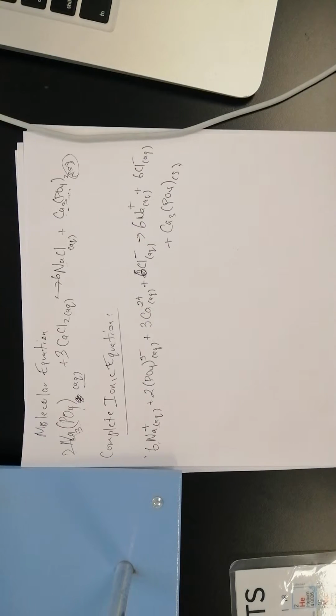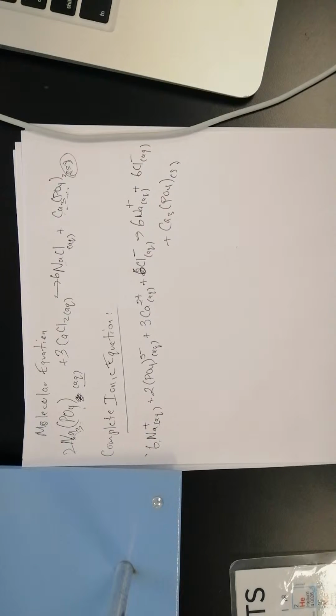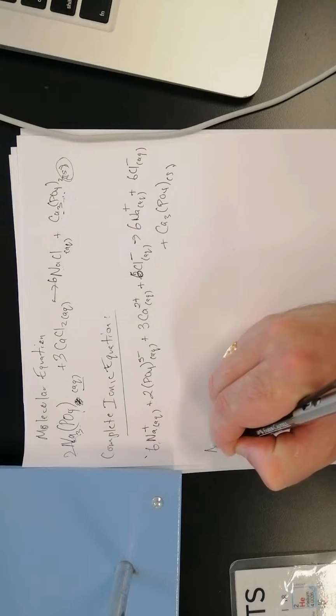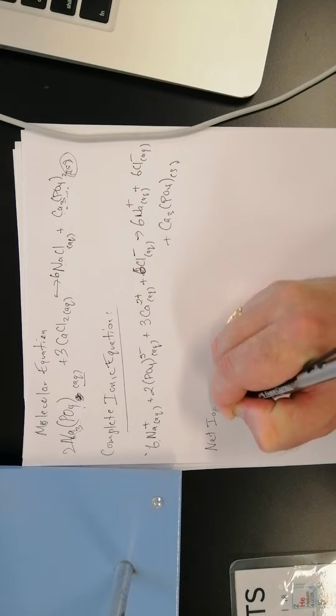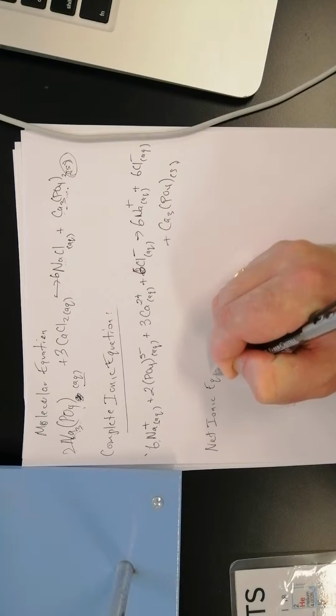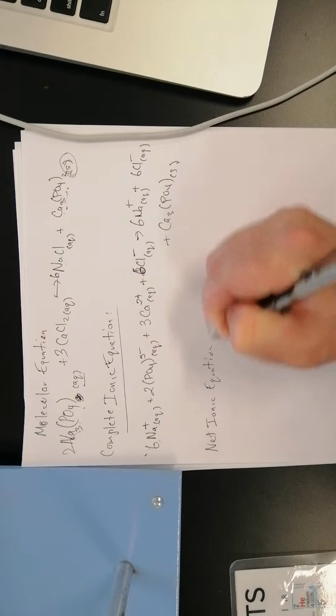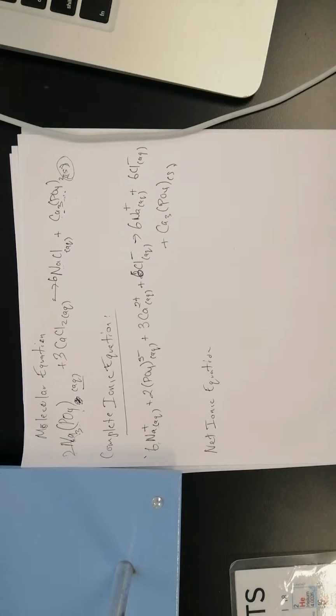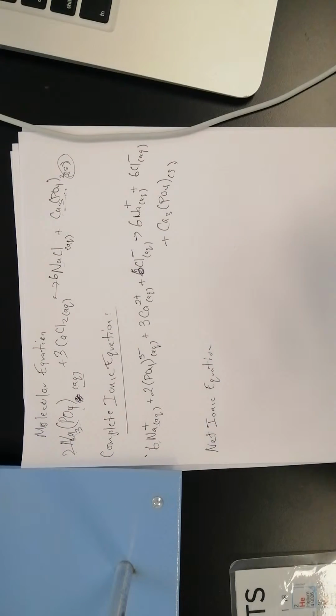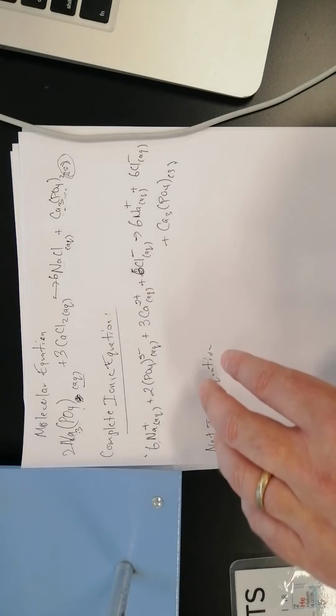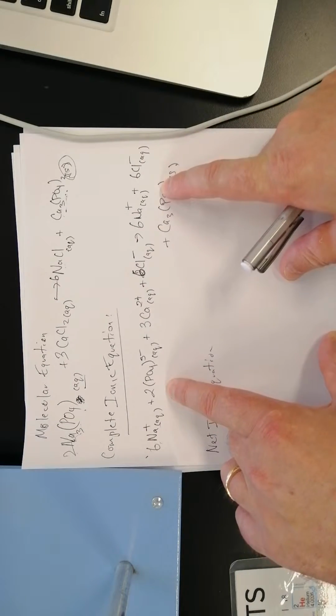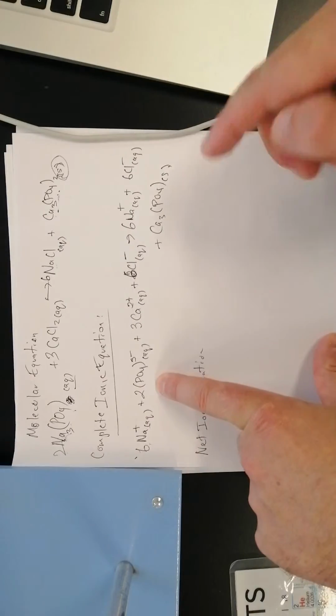Okay. The next part you need to do is write what's called your net ionic equation. And to do that, you just cancel out the spectator ions, right? Remember, the spectator ions are the same ions that are on both sides of the equation that don't do anything.